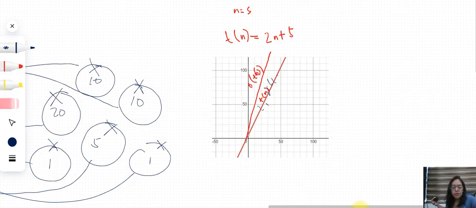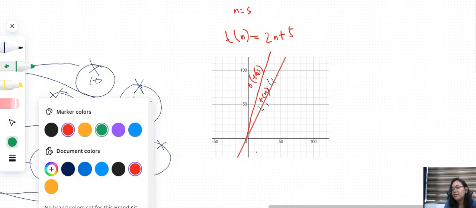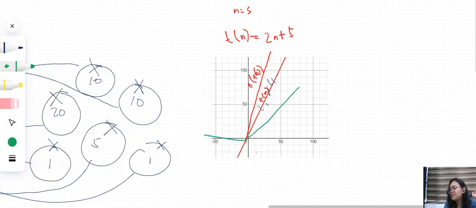Now, because we have an upper bound, we also have a lower bound. So where is the lower bound? Lower bound is, as its name suggests, at the bottom. So that's your lower bound. Your lower bound is somewhere below your T of n, and this is the lowest that your T of n can reach.